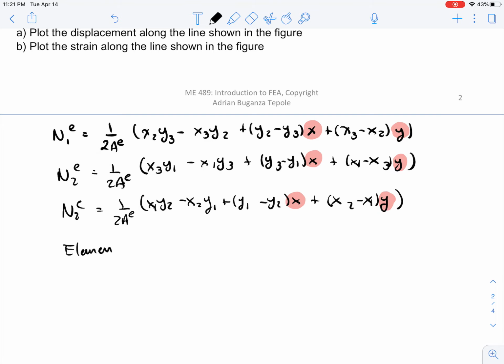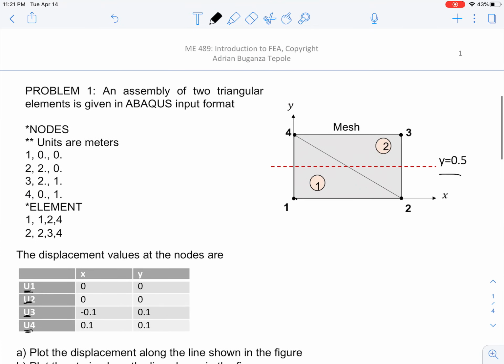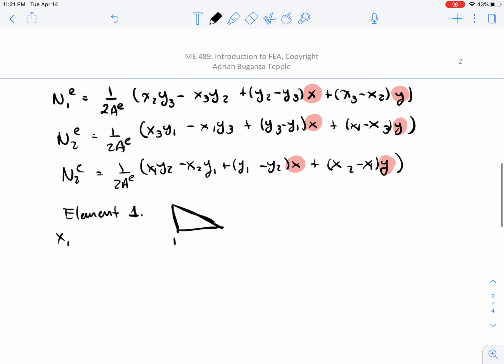So what we're going to do is define the shape functions for element 1 and element 2. So for element 1, we have the coordinates of the element. Element 1 is this one right here. And even though the global node numbers are 1, 2, and 4, the local node numbers are 1, 2, and 3.